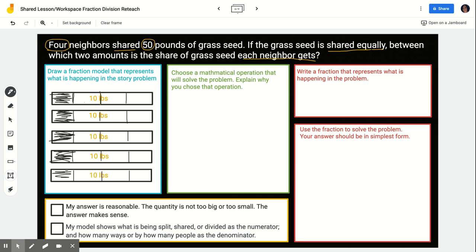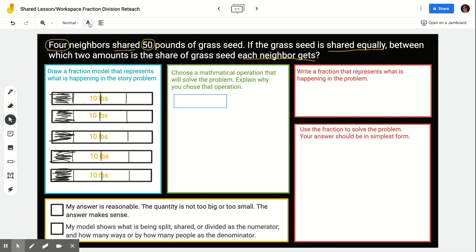All right. So my model represents 1/4 of this model. So now I'm going to go over and choose a mathematical operation that will solve the problem and explain why I chose that operation. So the operation that I chose to solve the problem was division.